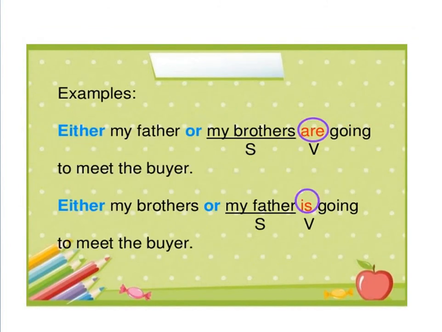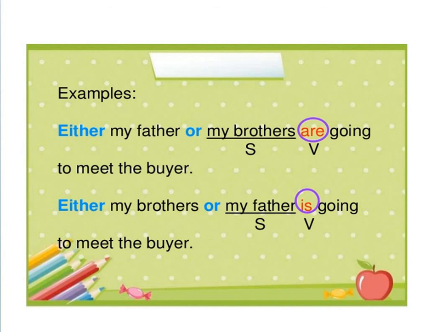How? Let's take an example. Either my father or my brothers. Before the verb, the nearest subject is in the plural form, so we add the plural verb. Brothers is plural, so the nearer subject to the verb is brothers, so we add are going to meet the buyer. Either my brothers or my father is going to meet the buyer.